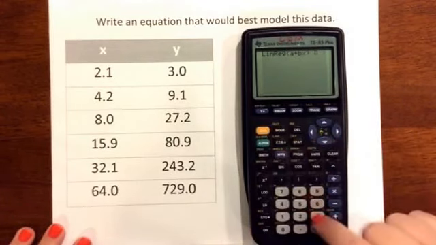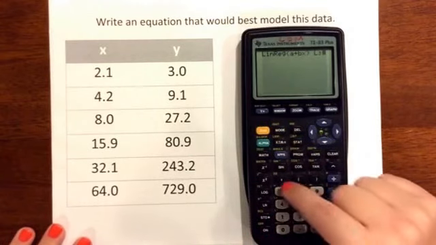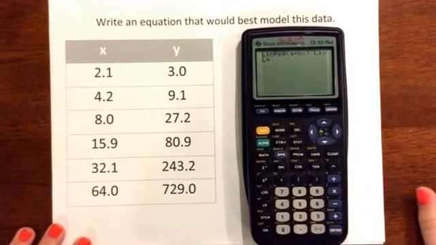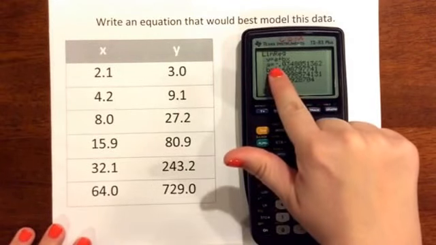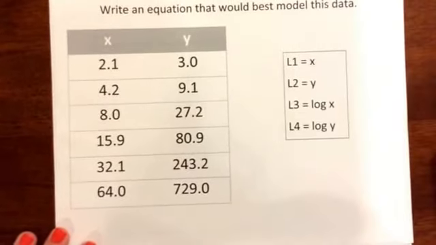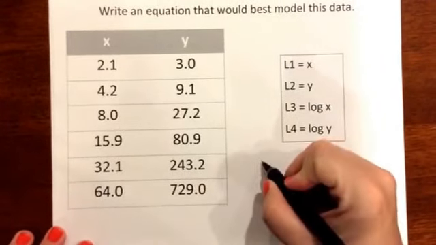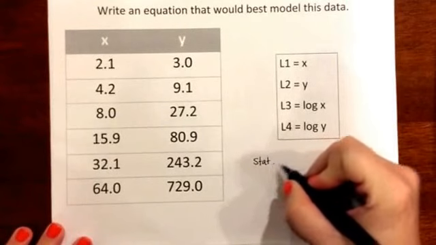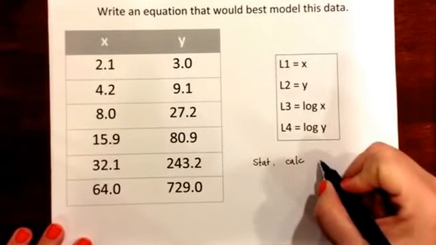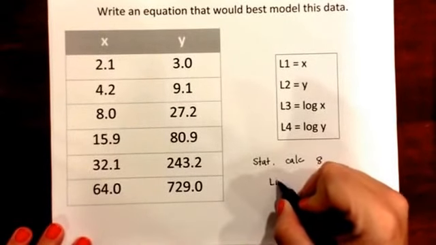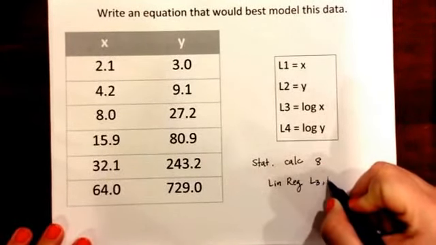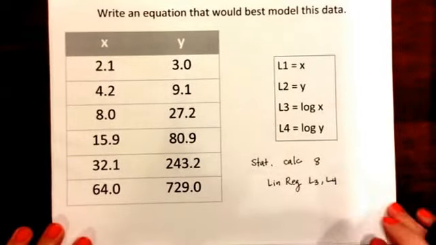So we wanted to apply it to log x and log y, which is located in list 3 and list 4. And when you do that, it's going to give you your intercept, your slope, and the correlation. So just for your notes, the way I did that is I did stat, calc, 8, and when the linear regression came on the home screen, I chose list 3 and list 4.